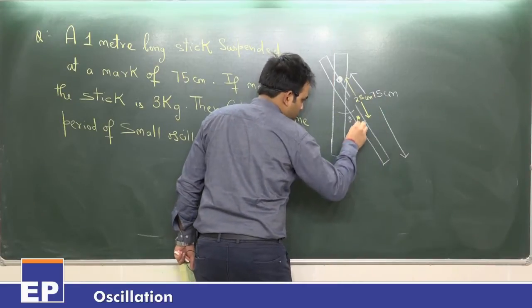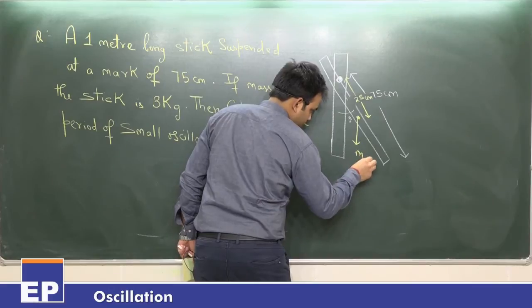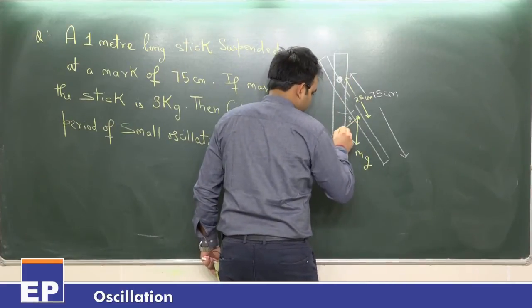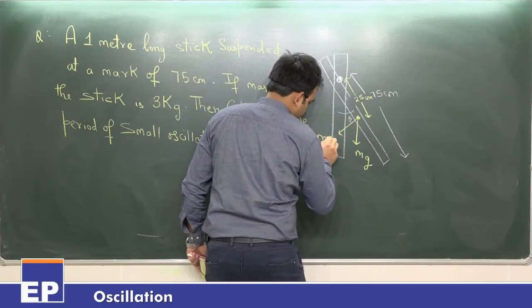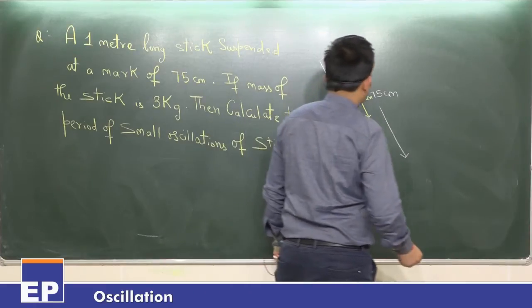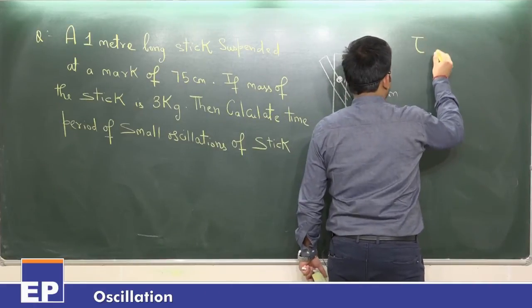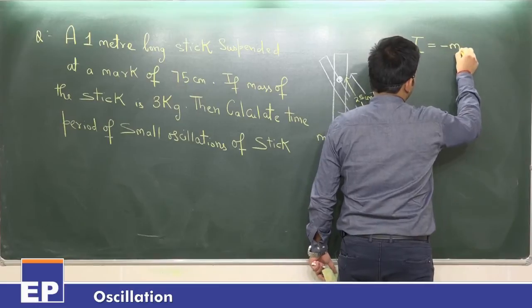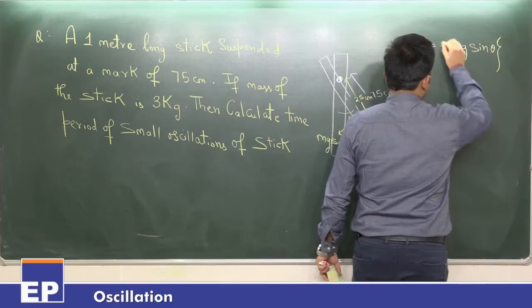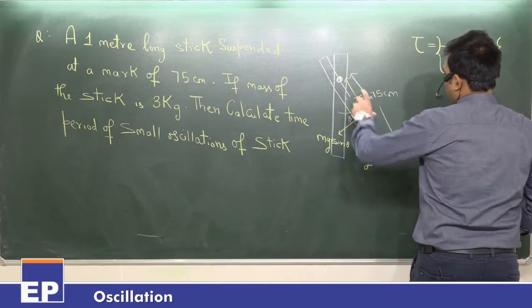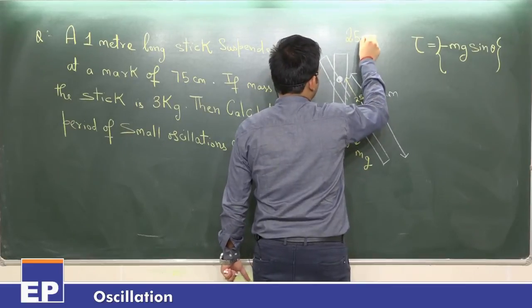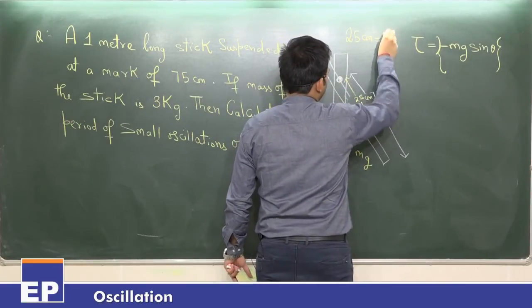If mg is acting downward, then mg sin theta is acting there. So what is torque? Minus mg sin theta into this 25 centimeter. Let's suppose it is L/4.